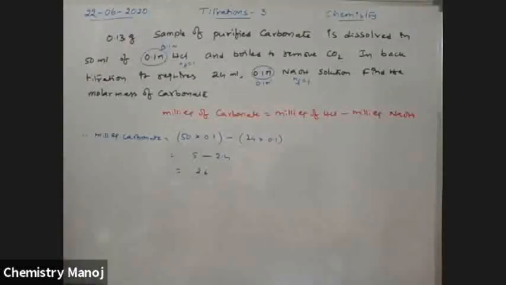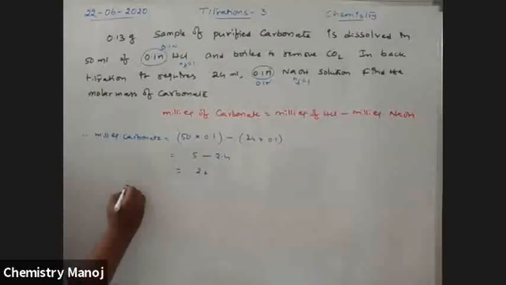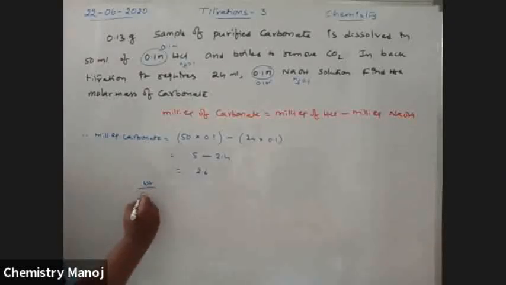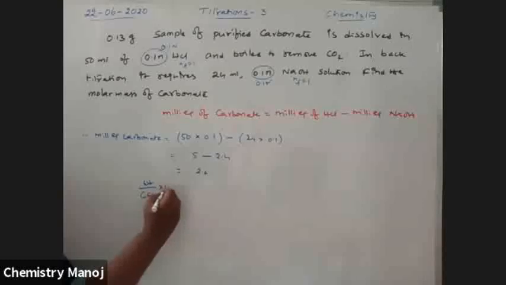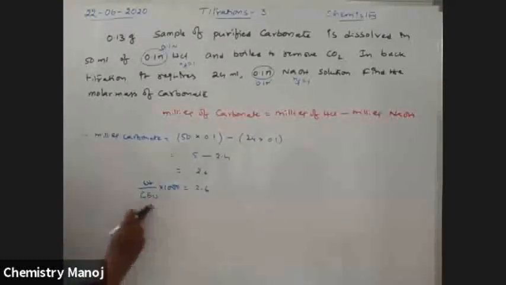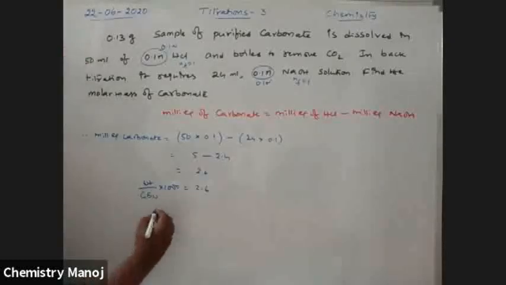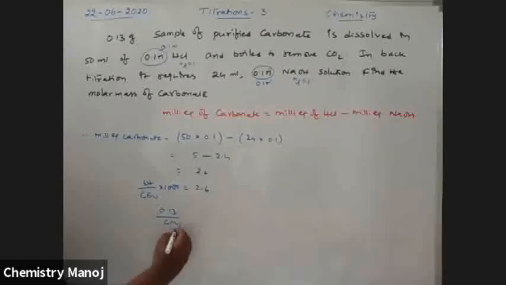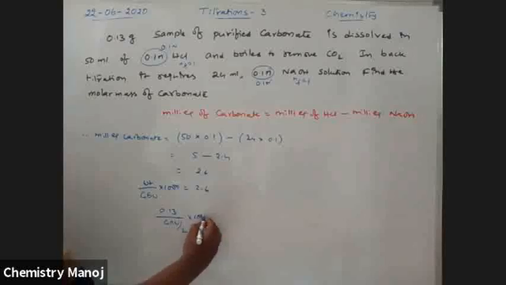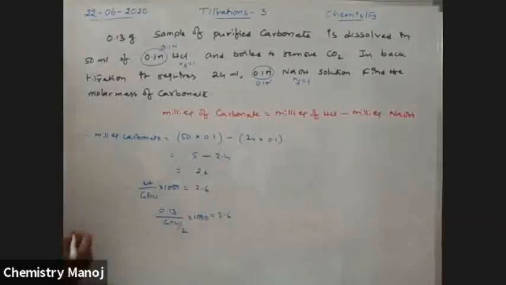Therefore, milliequivalence of carbonate, that is weight by gram equivalent weight of carbonate into 1000, is equal to 2.6. How much weight of carbonate is given? 0.13. Gram equivalent weight is gram molecular weight by n factor 2, into 1000, is equal to 2.6.